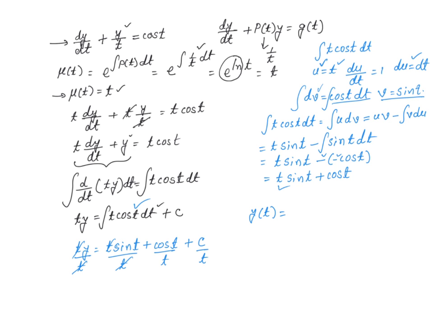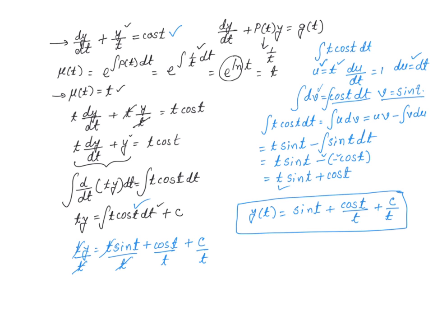So this t and t cancel out, that gives me sine of t plus cosine of t divided by t plus c divided by t. So this should be the general solution to this differential equation. I hope that this discussion was helpful. Thank you very much.